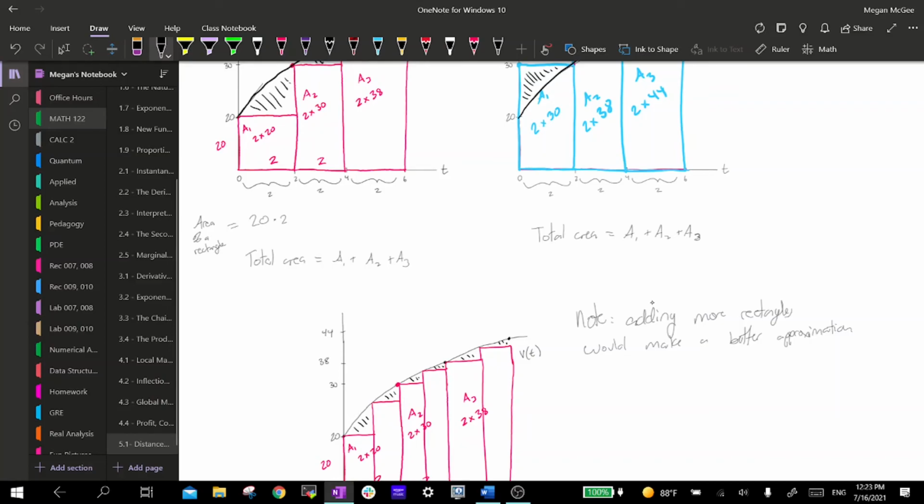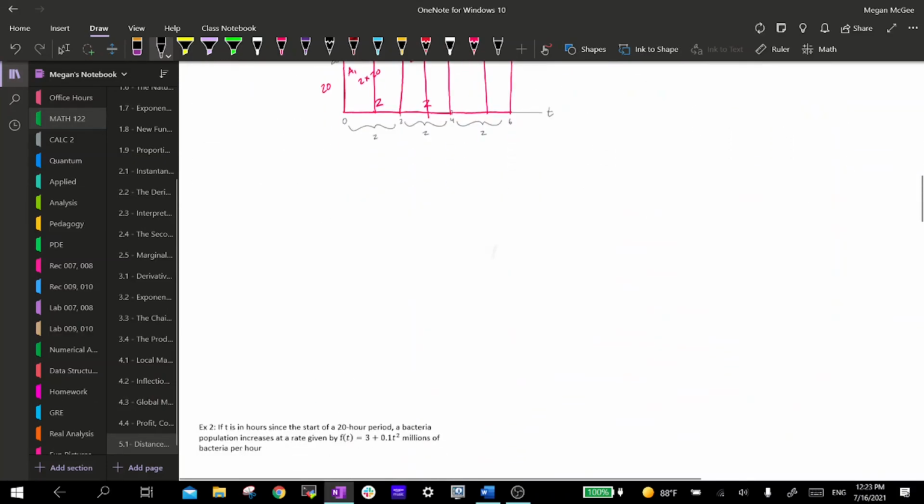All right, it's essentially getting less and less pixelated if you think about it that way. All right, so now we're going to jump into example 2 and show you numerically how this makes a better approximation.